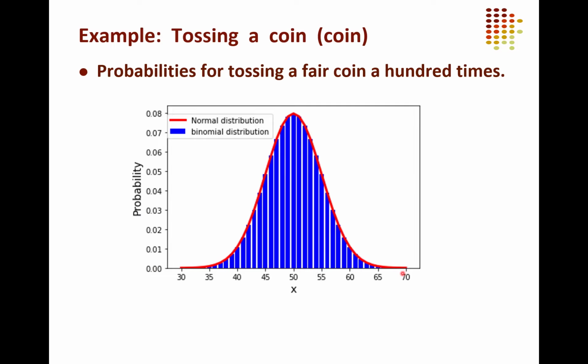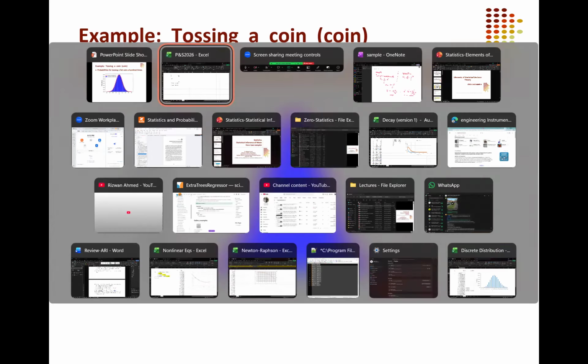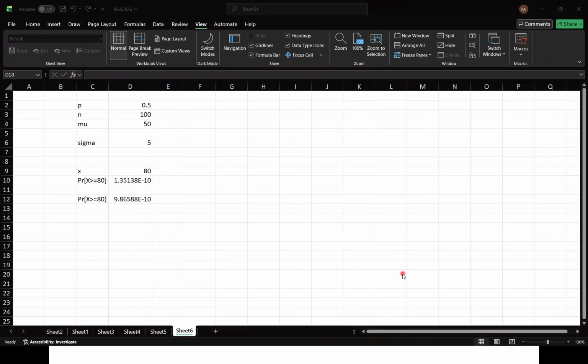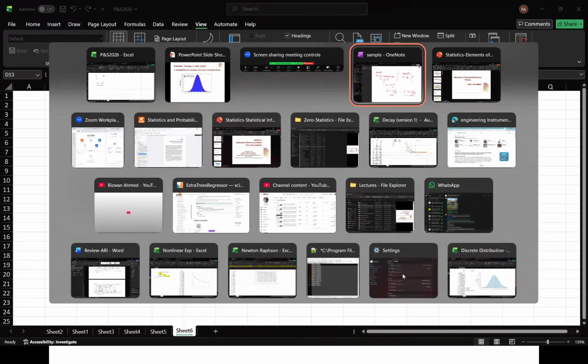So we have to investigate the determinate source of error. That's the fundamental of defining a hypothesis.